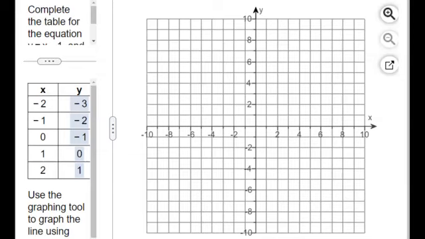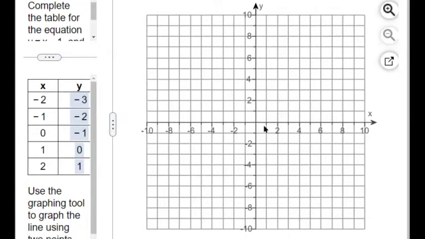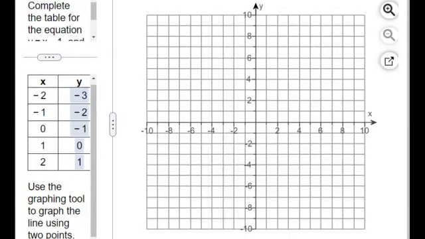So since my table now exactly corresponds to a list of ordered pairs on this line, all I need to do to graph it is click anywhere on the graph, and it brings up the toolbar below it, which is just off of the screen. I'm going to change it so you can see it.